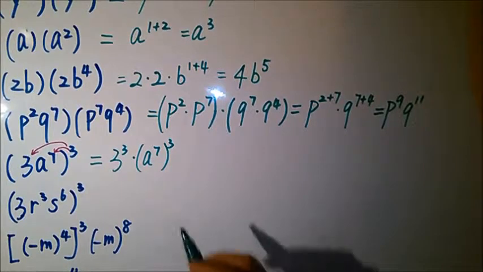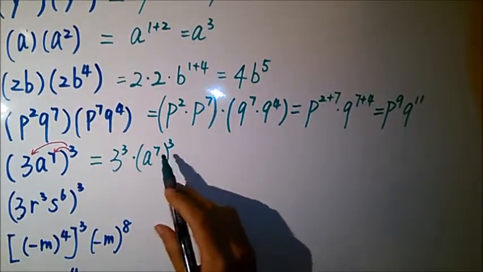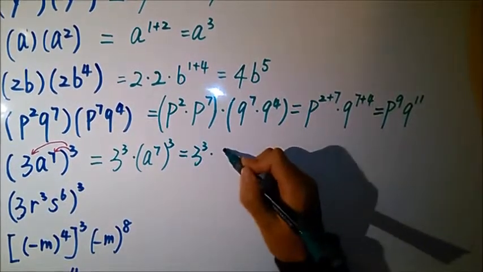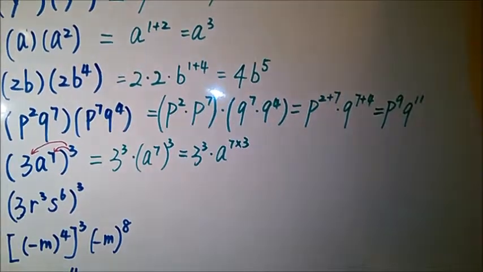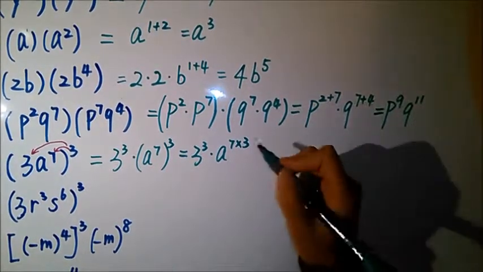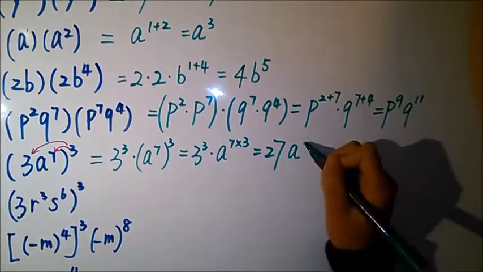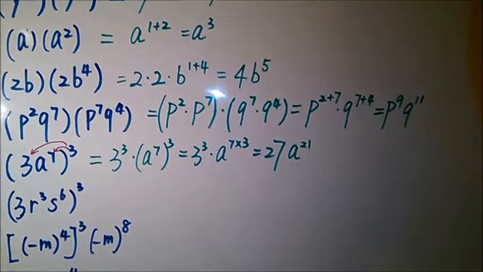When we use the power rule here, 3 will go into the 7, right? 3 times 7, so it'll be 3 cubed times a to the 7 times 3. Great. Now let's simplify this. 3 cubed is 27, and a to the 7 times 3 is 21. Good. Okay, next one.